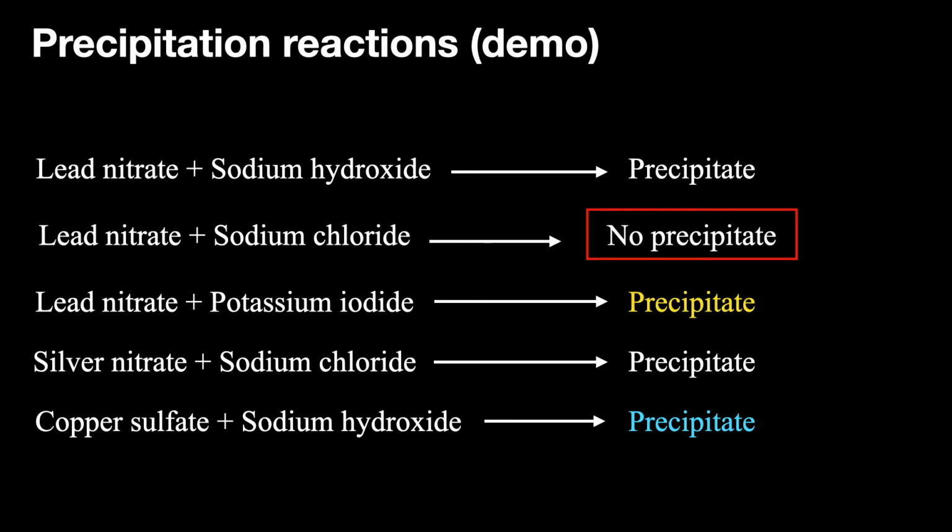But lead chloride, based on that table of solubility, should form a precipitate, but it didn't. There are a couple of reasons, and the most common are that our solutions didn't have a high enough concentration of ions, or another factor can be the temperature, and it has been quite hot lately, so that could have been a factor in not forming the precipitate. Under the right conditions, it should have formed a precipitate.